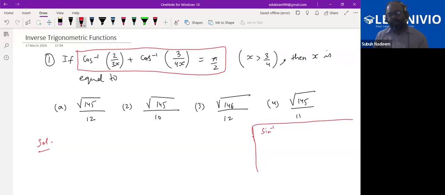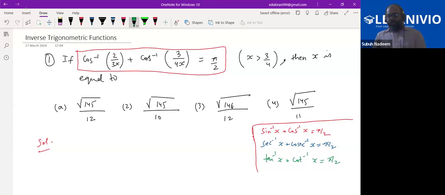Sine inverse x plus cos inverse x is equal to pi by 2. This is one property. Sec inverse x plus cosec inverse x is equal to pi by 2. This is another property of the same category. Tan inverse x plus cot inverse x is equal to pi by 2.